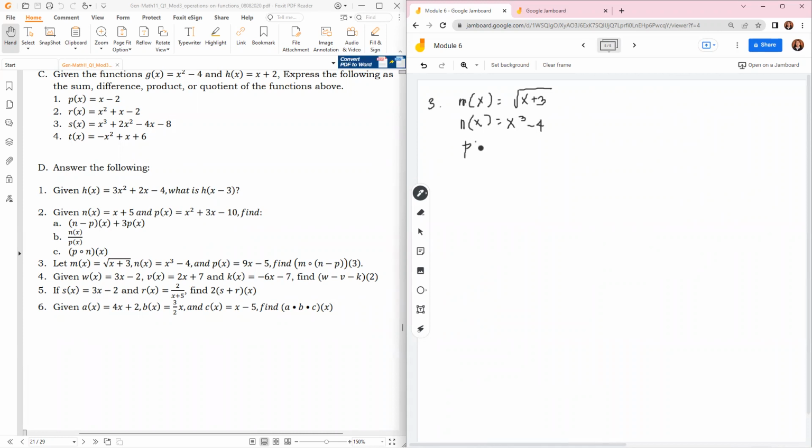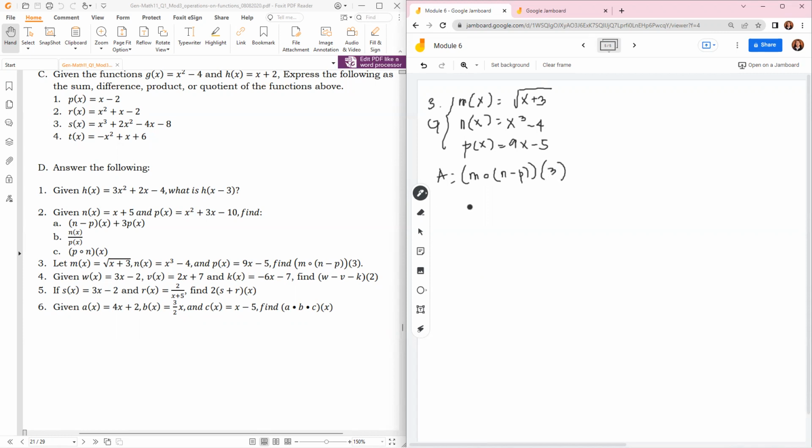And lastly, we have p of x equal to 9x minus 5. So that is what is given. What is being asked is m composite n minus p of 3.